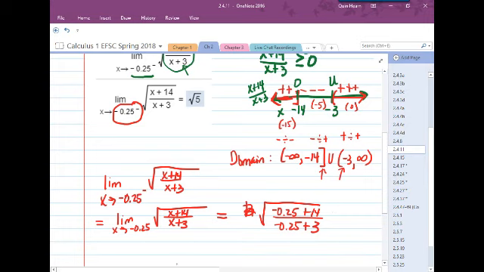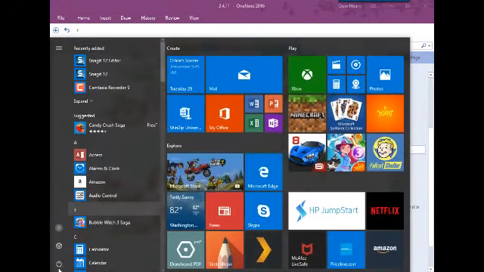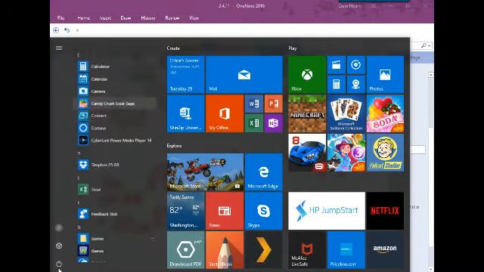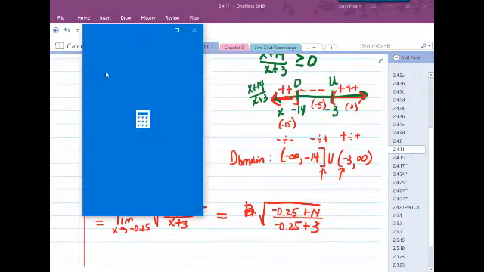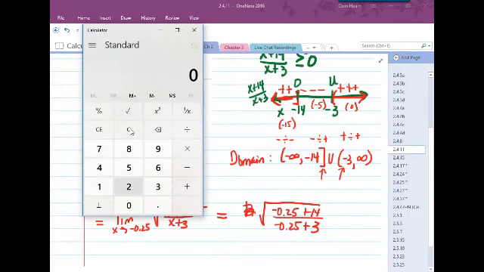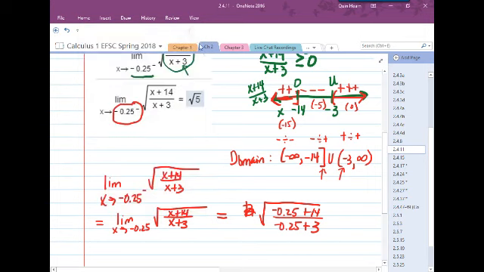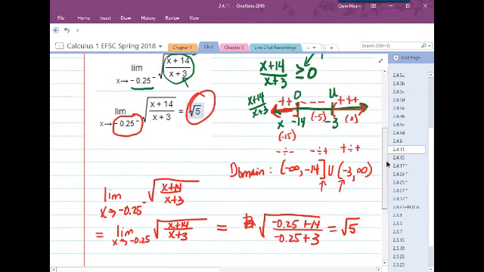So getting out your calculator, we have 13.75 divided by 2.75 equals 5. So we have the square root of 5. Which is what it's supposed to turn out to be.